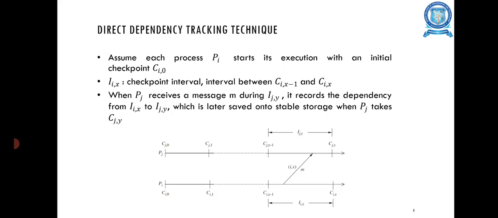When PJ receives a message M during the interval IJ,Y, it records a dependency from I,X to IJ,Y, which is later saved onto the stable storage when PJ takes the checkpoint CJ,Y.